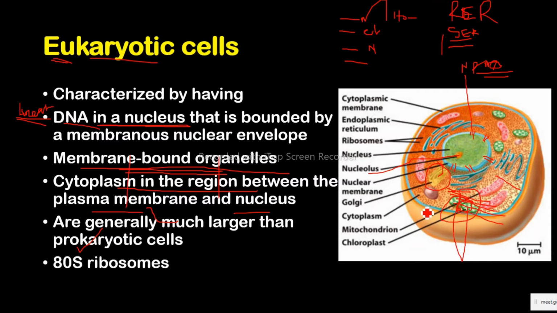Then you may have centrioles, you may have very many organelles within this cell. Then you have a plasma membrane. We can call it a cytoplasmic membrane, we can say plasmalemma, we can say cell membrane. It is still the same thing. Then if it is a plant cell, you add a cell wall.